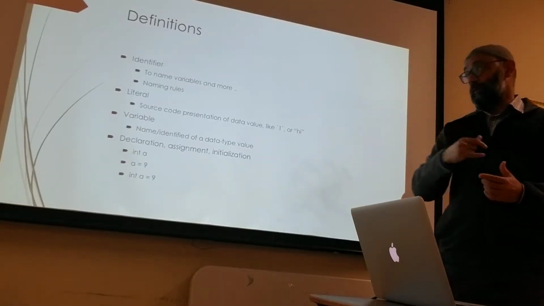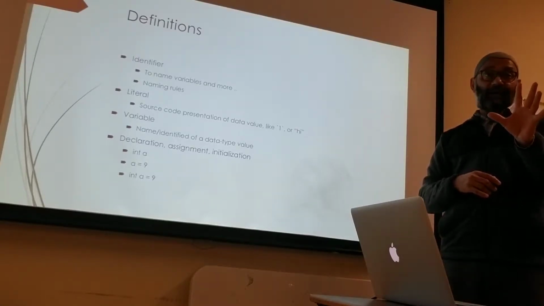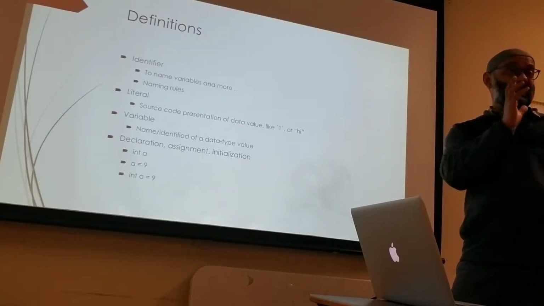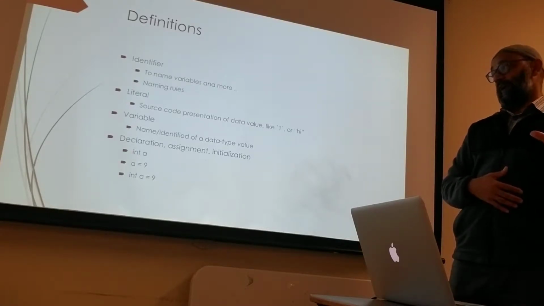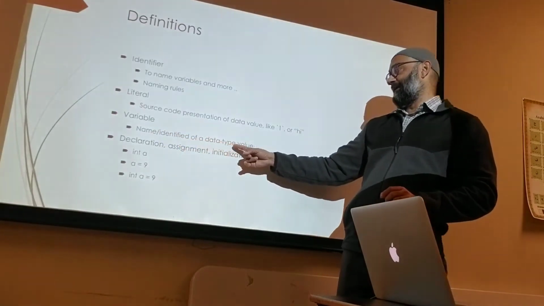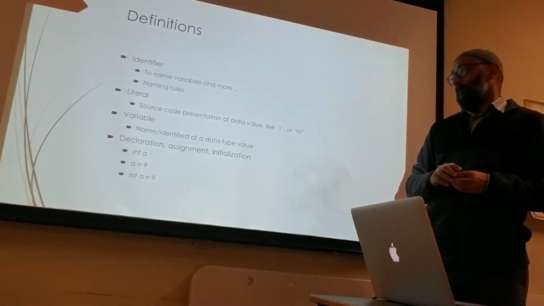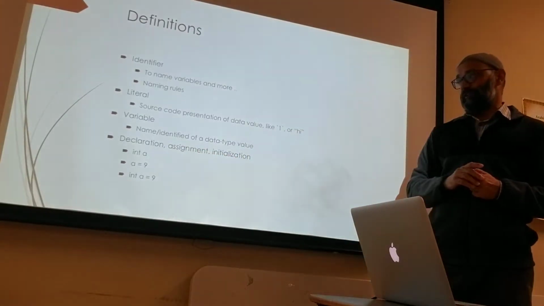Variables, we'll talk about variables more. A name of a data, or a placeholder for a data, is called a variable, or you can say the name identifier of a data type value. And then we will talk about declaration, assignment, and initialization.